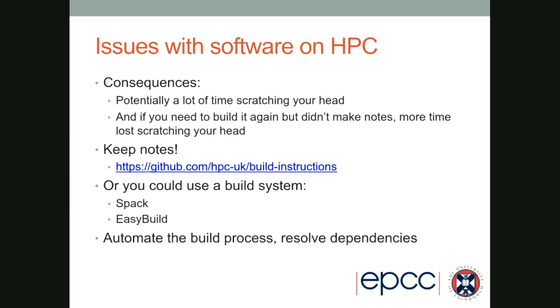Essentially, what these are doing is taking those notes which you would keep yourself, and using machine readable Python, in both cases, versions of those build instructions and automating the process for you. So if this is what you find yourself doing a lot, there's potentially a good increase in efficiency here for you.